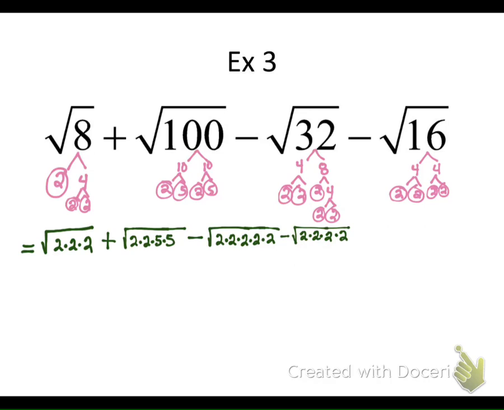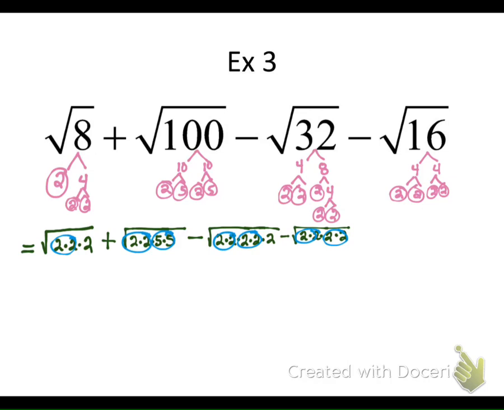From here, you're going to go through and you're going to circle your factor pairs. So we have a factor pair. So we're going to go through, we're going to circle our factor pairs.